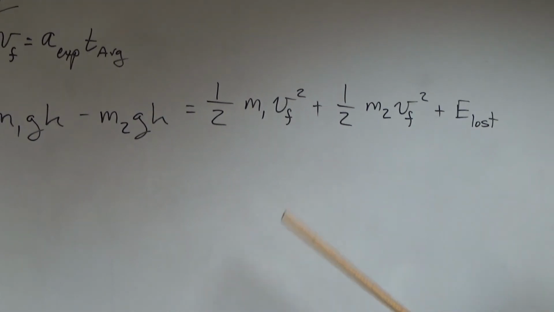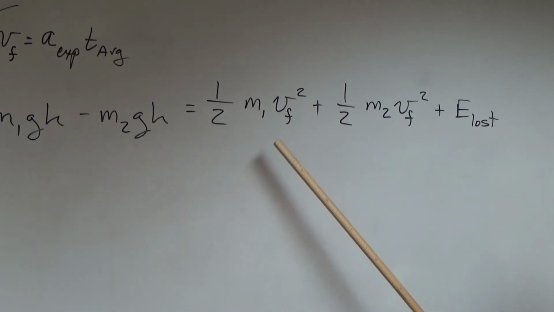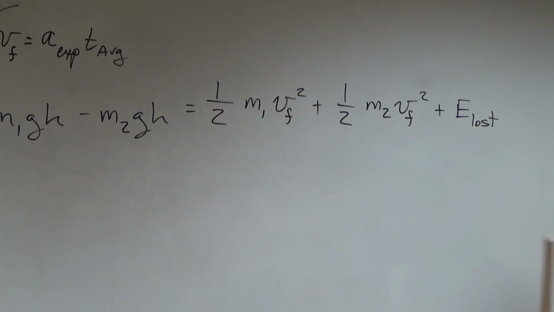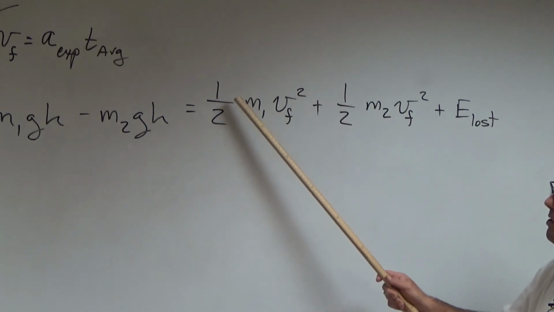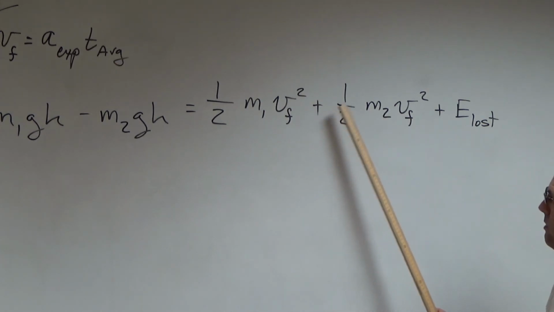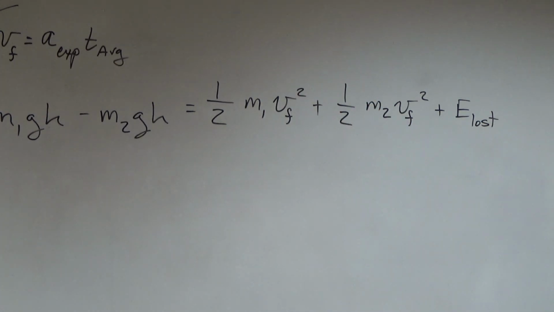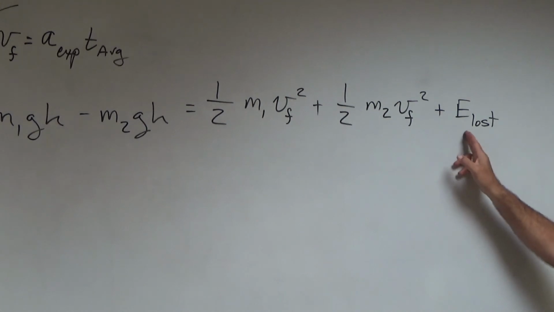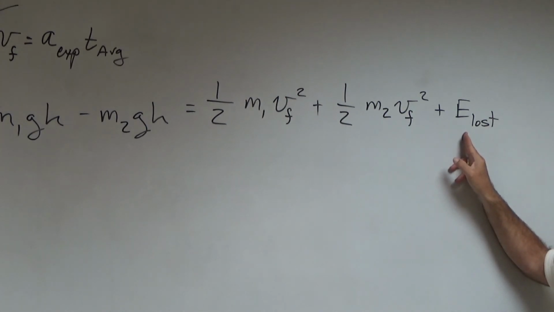That should equal, just by work kinetic energy, the final kinetic energy of the system if there were no losses. So the final kinetic energy of the system is 1/2 M1 V final squared plus 1/2 M2 V final squared, plus this term that I'm calling E lost.